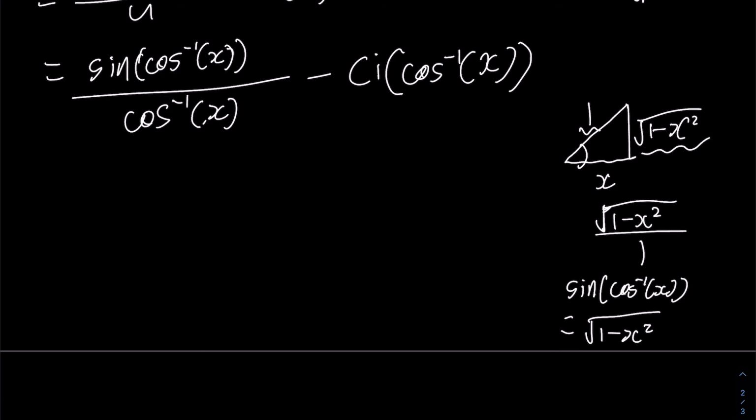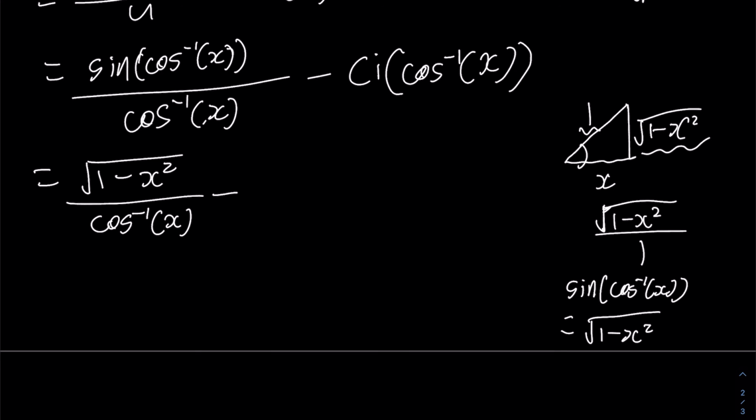So we can actually replace that with exactly what we have here. So this is now finally the square root of 1 minus x squared over the inverse cosine of x minus the Ci of the inverse cosine of x plus C.